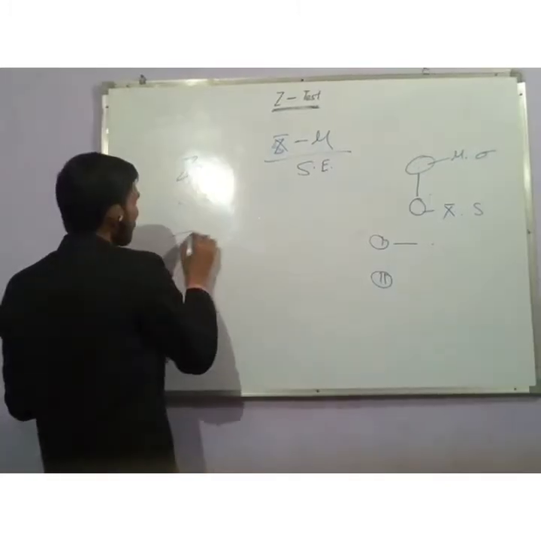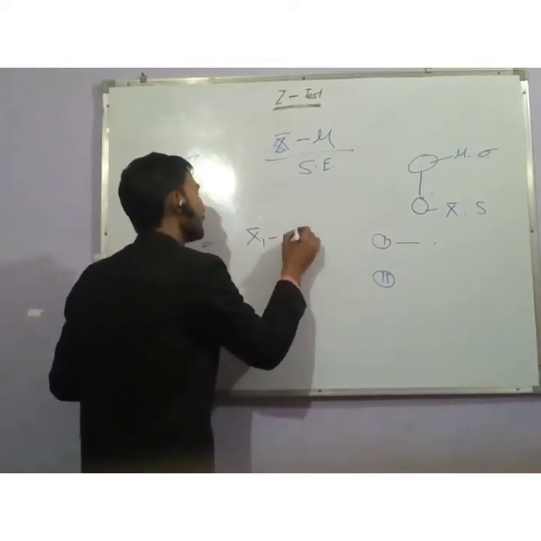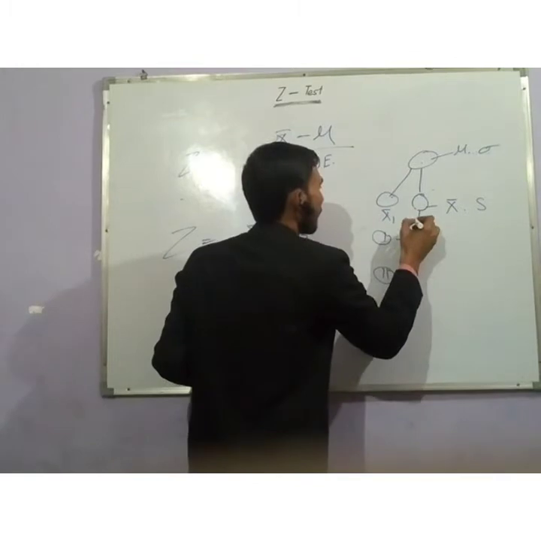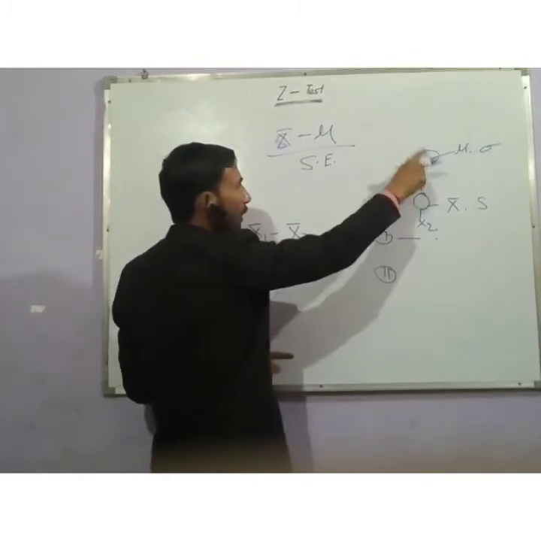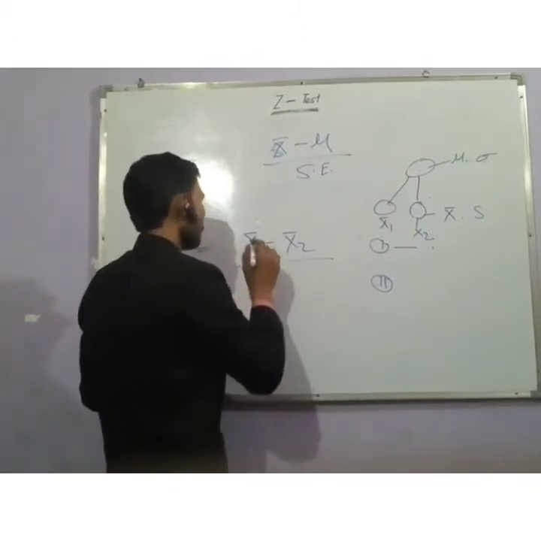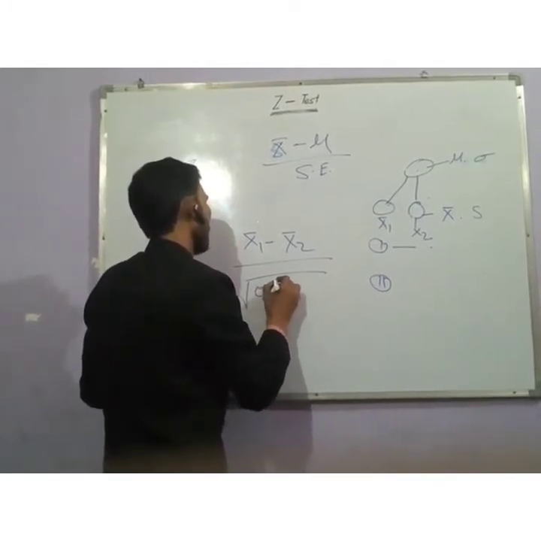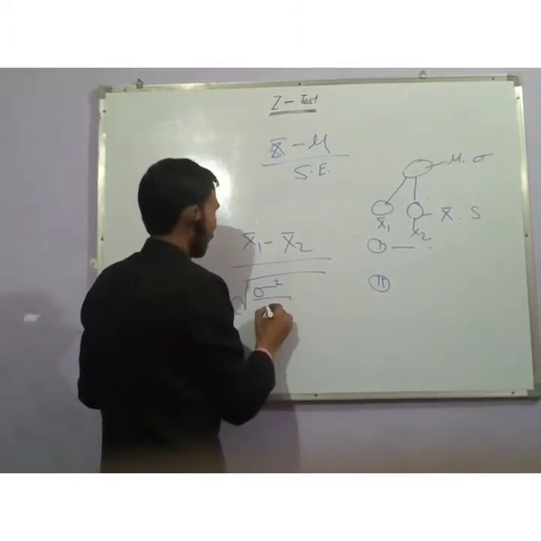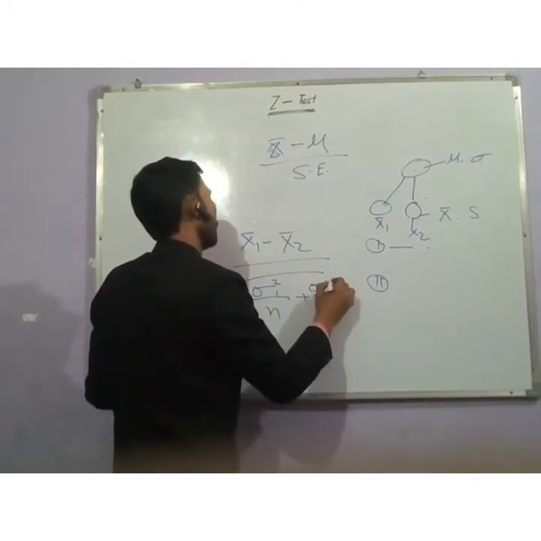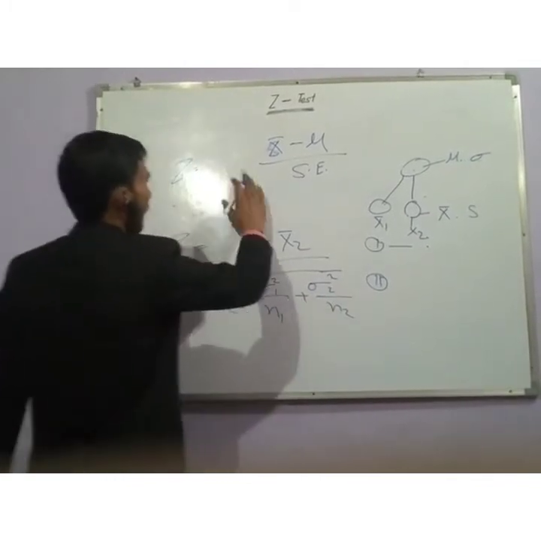Here the formula used is x bar 1 minus x bar 2, where x bar 1 and x bar 2 are the means of the two samples, divided by under root sigma 1 square by n1 plus sigma 2 square by n2.